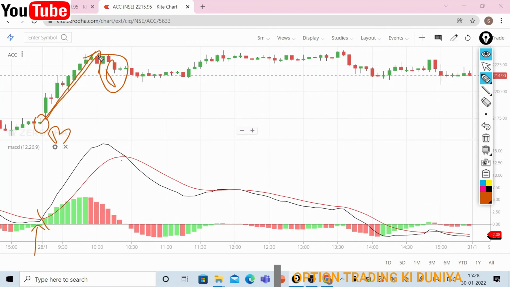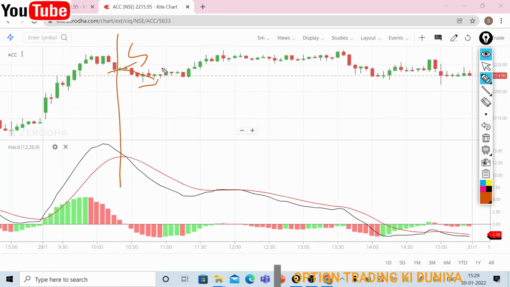There is another crossover, a bearish crossover. If the MACD line is cutting the signal line from above, this is the point. Somewhere here, this point. So this is the crossover, and this is the point where I enter. I sell and enter, so I can make use of the fall in the market.